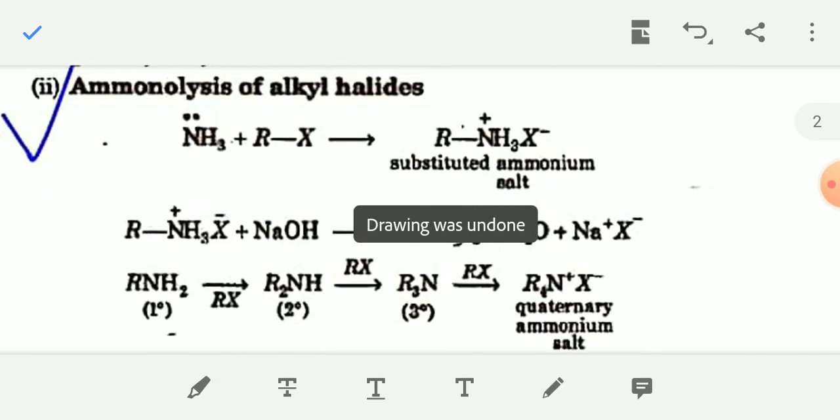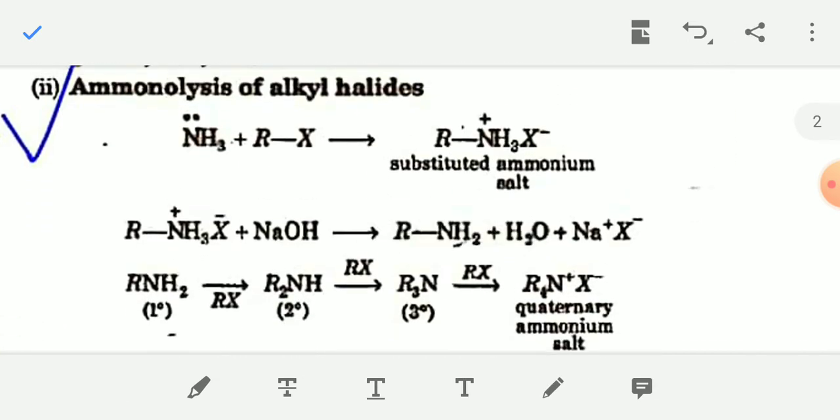Second method is ammonolysis of alkyl halide. In this case, ammonia is reacted with alkyl halide. Ammonolysis means reaction of alkyl halide with ammonia, and the hydrogen atoms from ammonia are replaced by alkyl group.